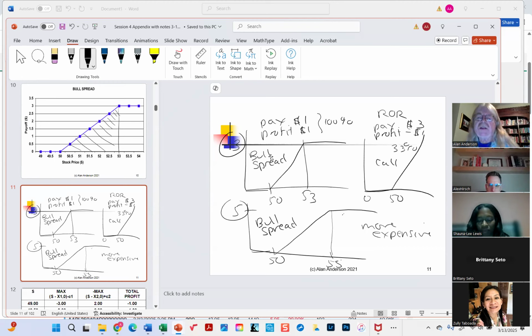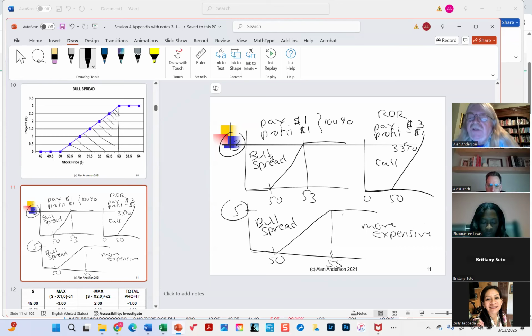Exactly. Up to 53, the two positions are the same, except the bull spread is cheaper. After that, the call is a much better position to be in because all that upside potential you're still collecting on.